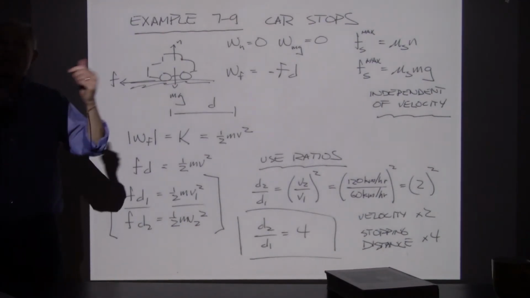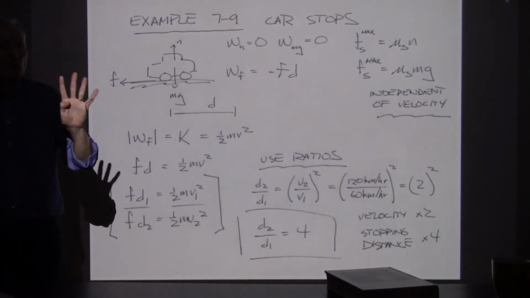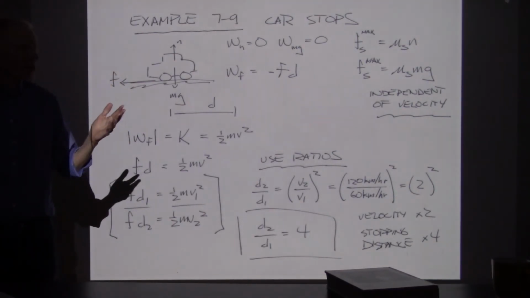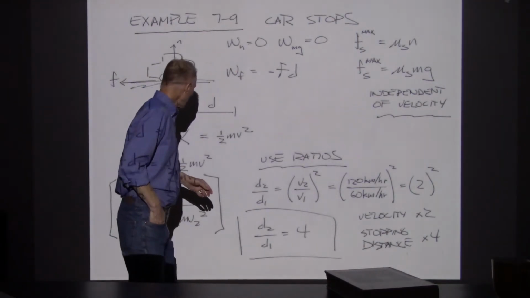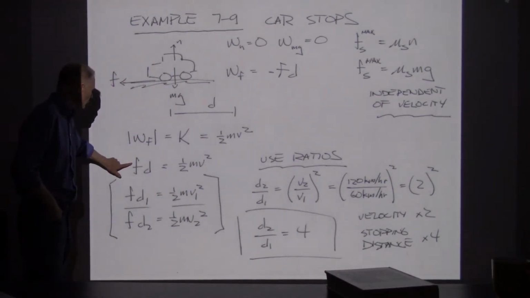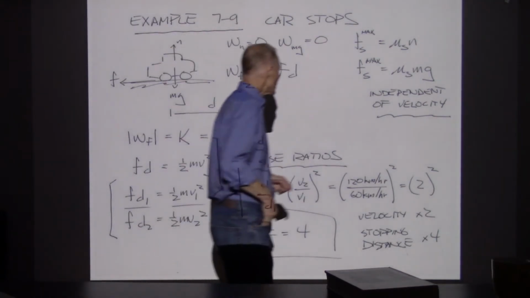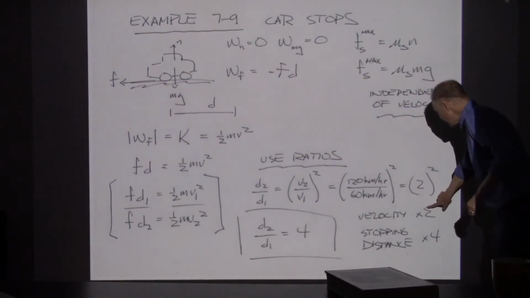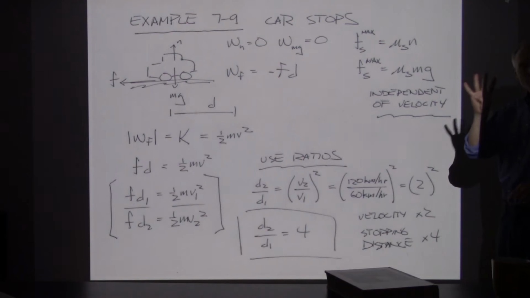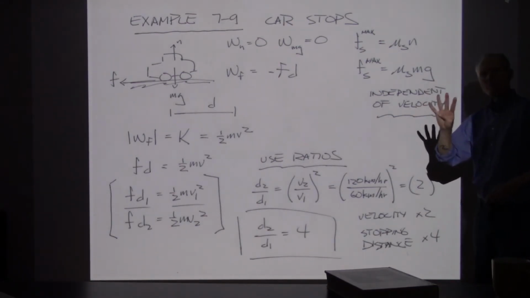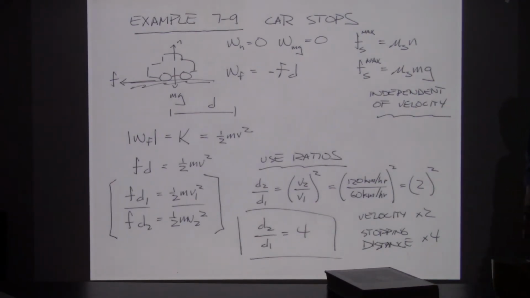So getting the car up to speed requires 4 times the energy, and bringing it to a stop means removing 4 times as much energy. Since the frictional force we're using is the same in both cases, the distance is going to have to be larger by a factor of 4. So if the velocity goes up by a factor of 2, kinetic energy goes up by a factor of 4, and that means I'm going to require 4 times as much distance to stop the car.